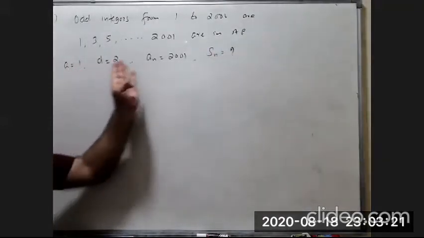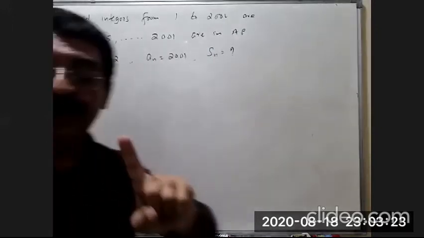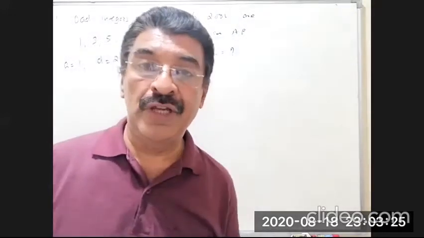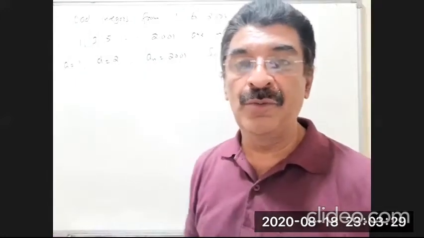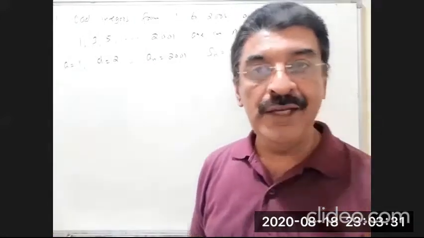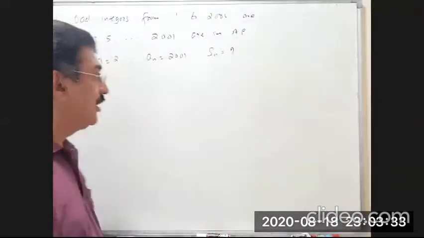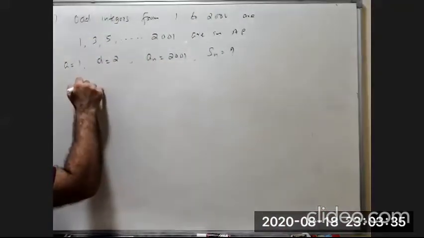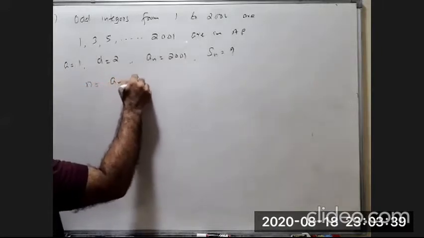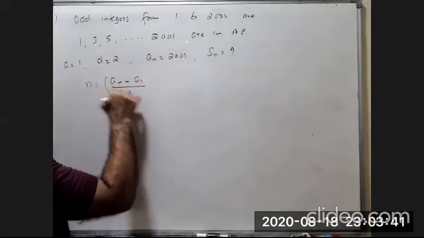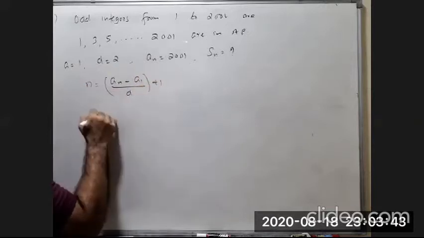Again, for the formula for Sn, n by 2, we need the number of terms. And see that when the last term is given, the number of terms will not be given. For finding the number of terms, yesterday we discussed a new formula derived from the first one: n is (an minus a1) by d plus 1.